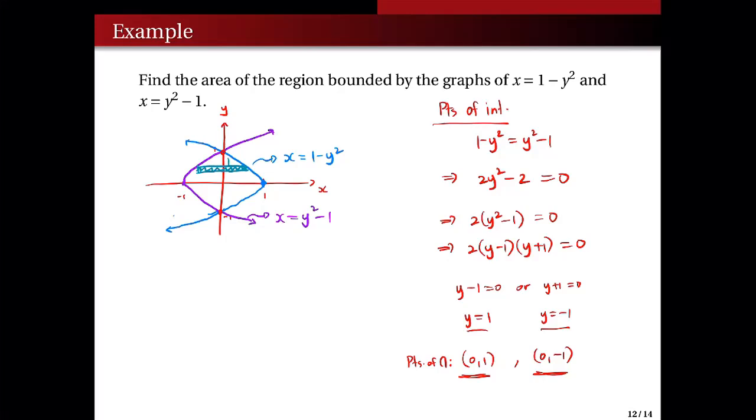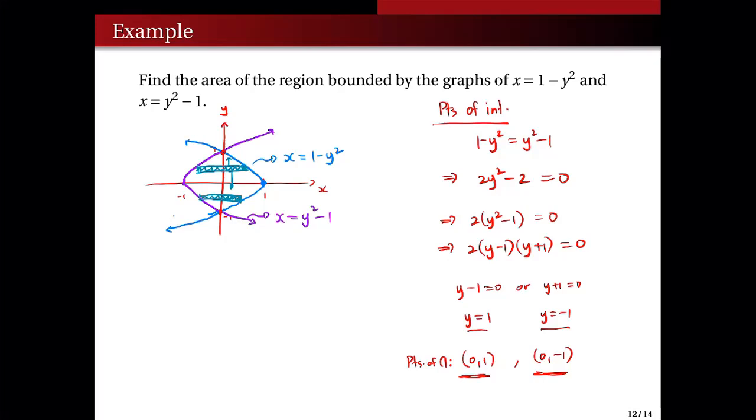You move this going up there or going down here. The highest point will be at y equals 1. The lowest point will be at y equals negative 1. So the interval will be from negative 1 to positive 1.